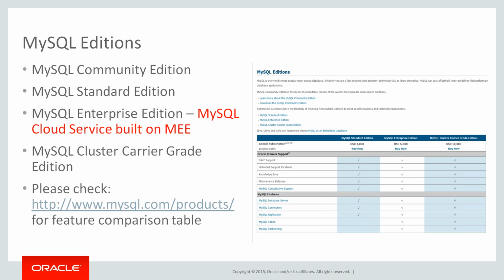The standard edition has many of the same features as Community, except that it comes with 24/7 support. Enterprise is the core product that most of our partners focus on, and the majority of our installations are around MySQL Enterprise. That's also the same product that we built our cloud service around.